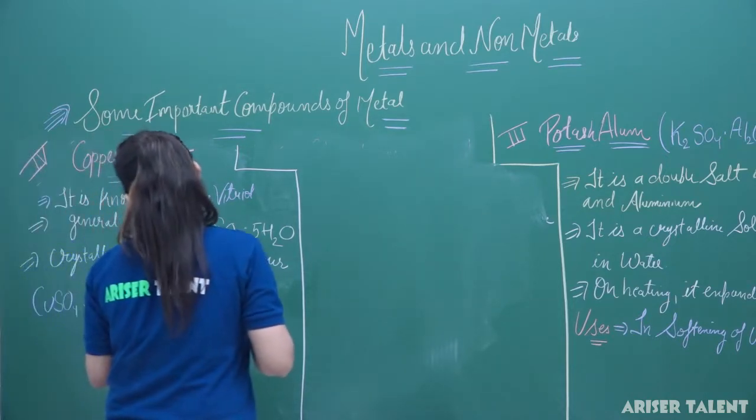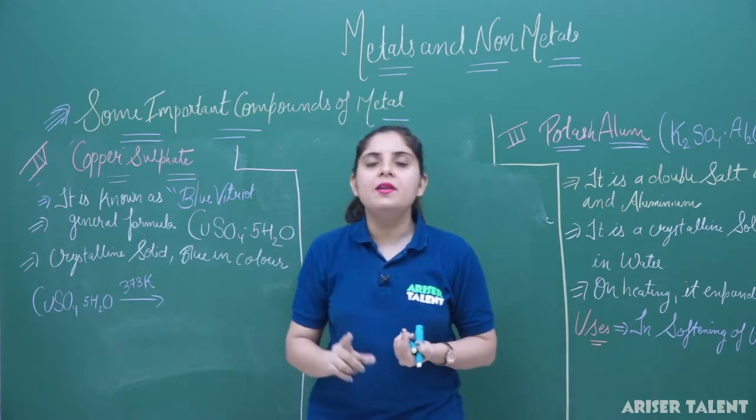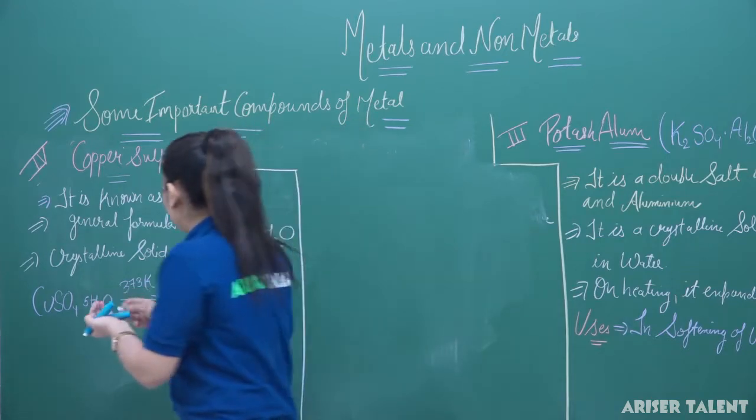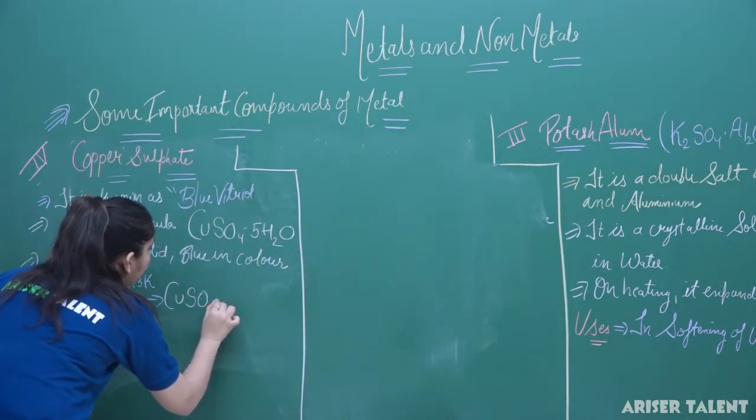So what we can see here is that it will lose 4 water of crystallization and 1 water of crystallization, that is H2O, will remain attached to it. So what we will get on the product side is CuSO4.H2O.